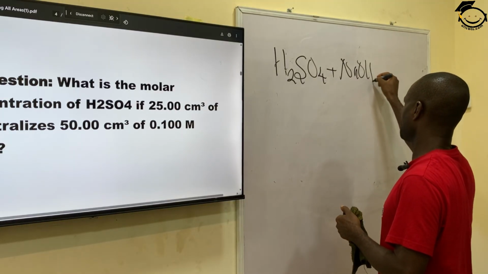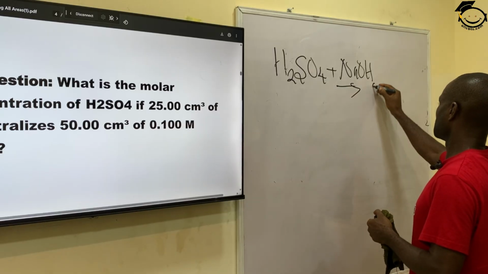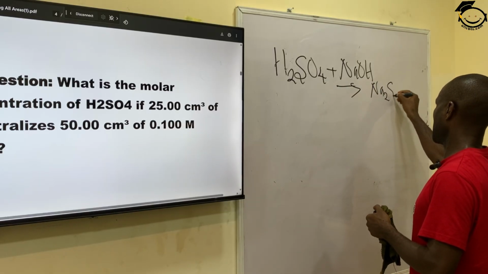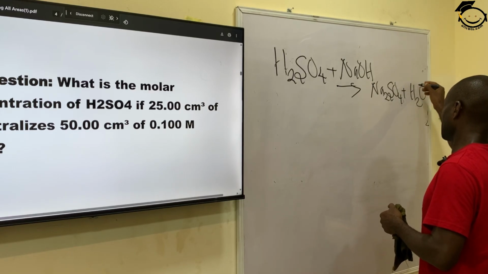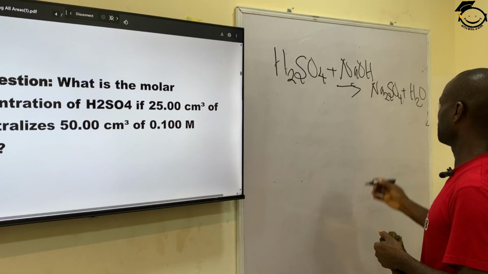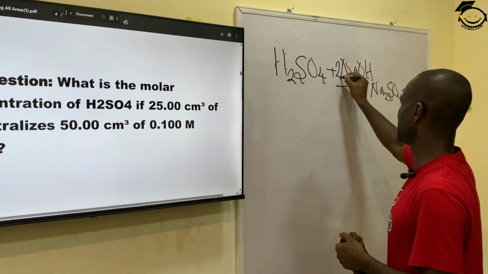This is a strong base reacting with a strong acid, which will give us sodium sulfate, Na2SO4, if you balance the equation, and water. Like we said, it's a neutralization reaction because salt and water are involved. By the time you balance the equation, it gives you this.